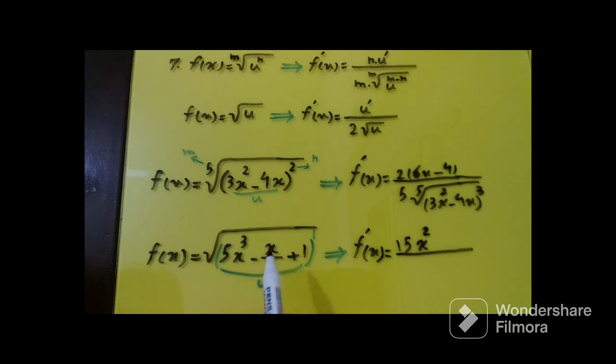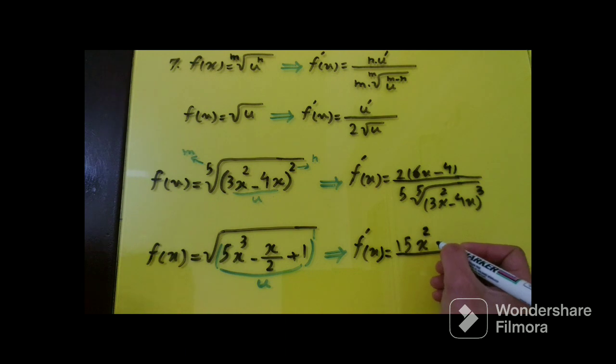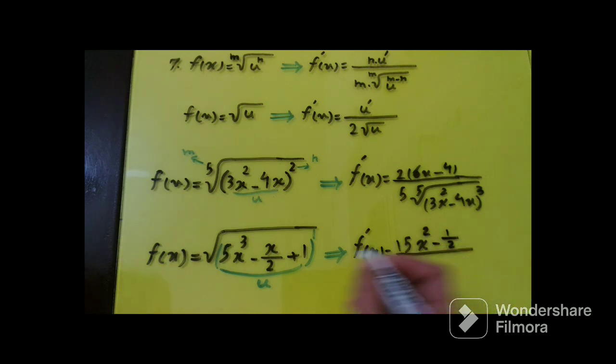For this term, as the power is 1, so just the coefficient is the derivative. It's negative 1/2. For this term, as the 1 has the constant value, so the derivative of it is 0.